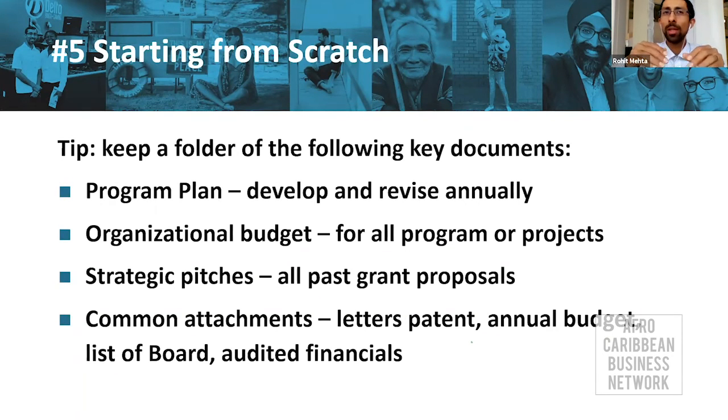You may find in your organizational budget that you've asked one funder or another funder for money for the same thing. This is why I think your organizational budget needs to be for everything. It needs to be for the full organization. If you do that, then you're more likely to go into a grant knowing exactly how much everything is going to cost, and that way your programs can also work really well with each other.